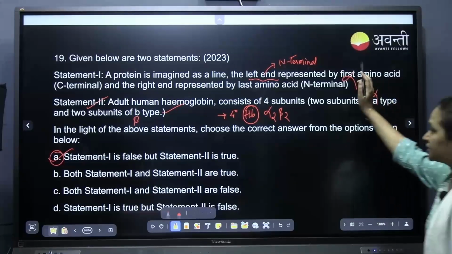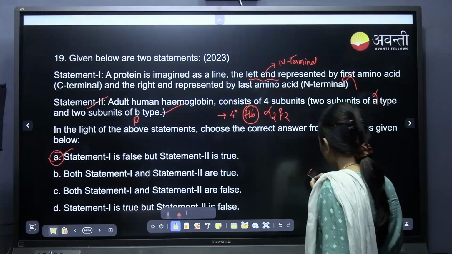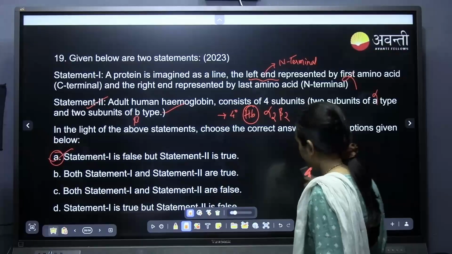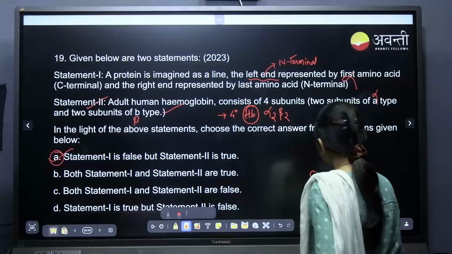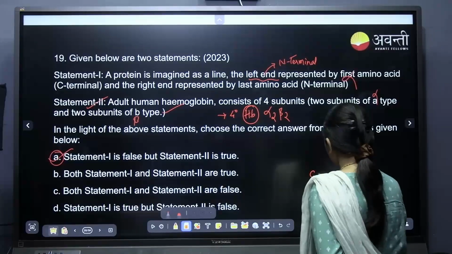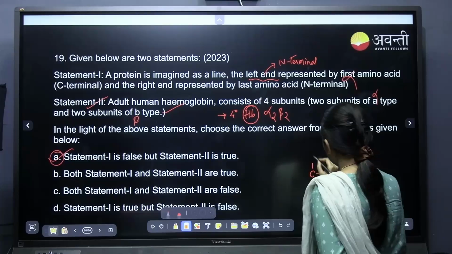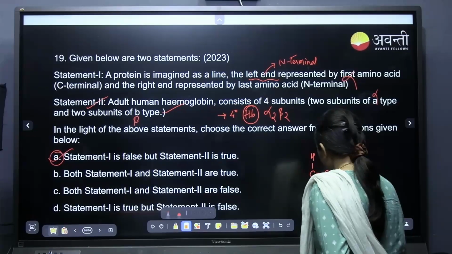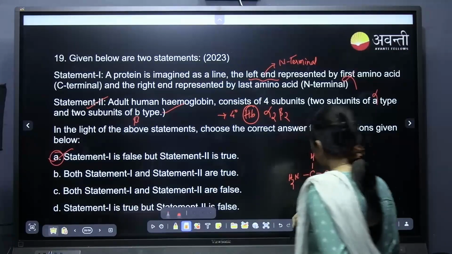So why is statement 1 wrong? Because if you draw the protein structure, that is the alpha carbon, to which one carboxyl group is attached, another one is a hydrogen atom, another one the R group is attached, and another one is NH2, that is the amine group.